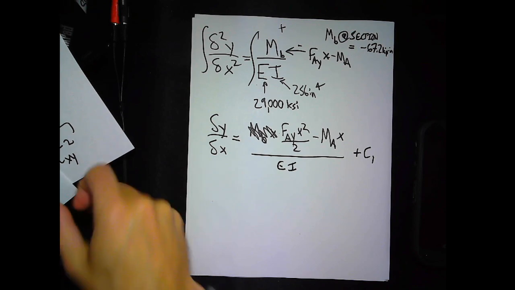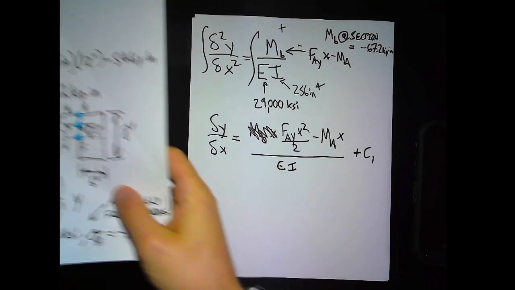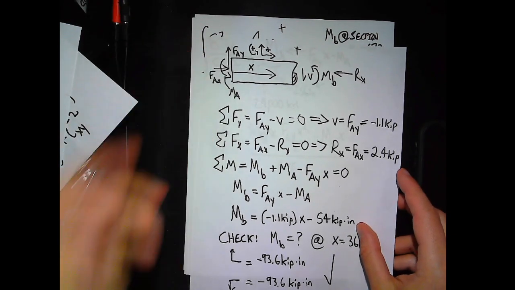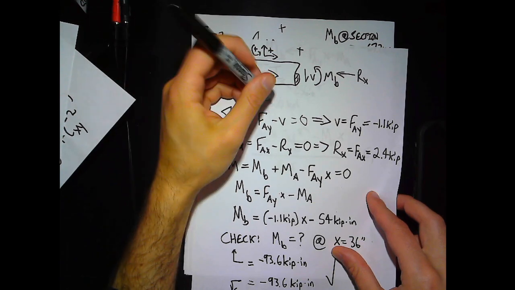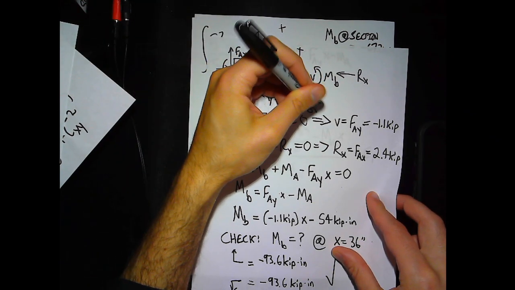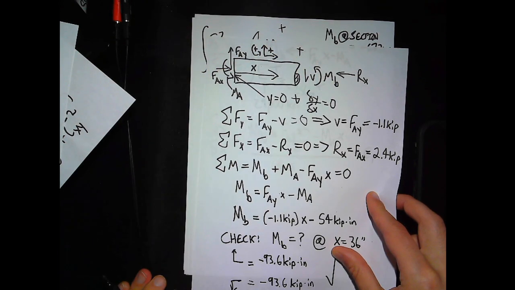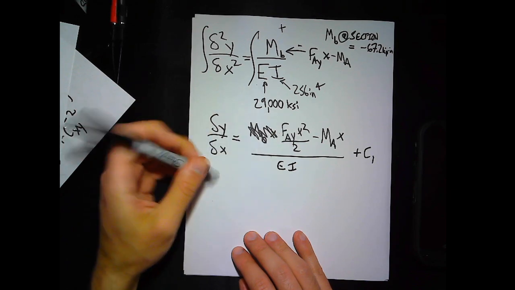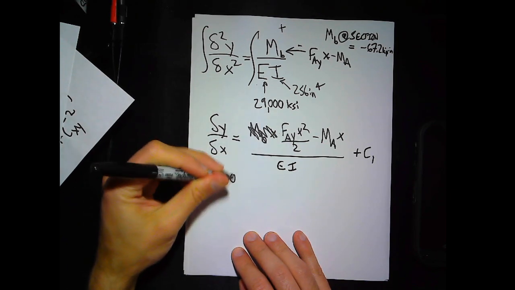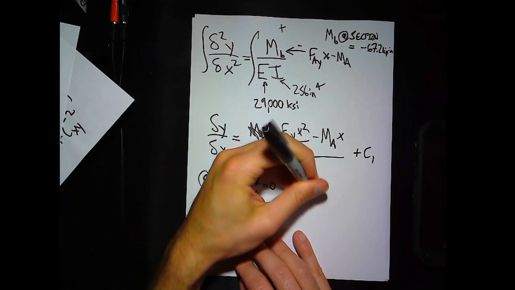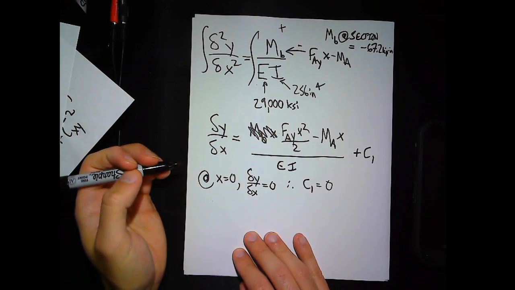Since we measured in this section, if I go back to it, x is measured from the left-hand side at x equals 0. We know that both the deflection is 0 and the slope is 0 because it is a fixed boundary. So both those are 0. So at x equals 0, dy/dx equals 0, therefore C1 equals 0. Great.